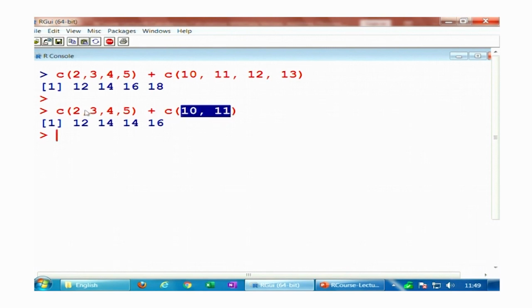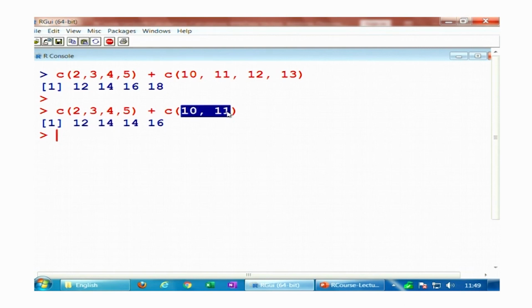So, this 10 and 11 move from here and come to 2 and 3, and then the values at the respective places are added together. So, 2 is added with 10 and 3 is added with 11. So, this becomes 2 plus 10 12 and 3 plus 11 14.